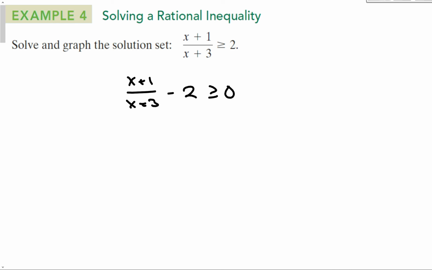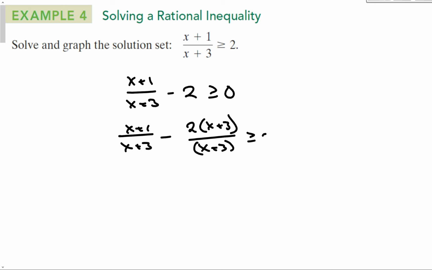But that's not a rational function, okay? We must express it as 1 quotient, which means we have to put those two things together, which means that we need a common denominator of x plus 3. So I'm going to have to multiply this by x plus 3 over x plus 3, greater than or equal to 0.